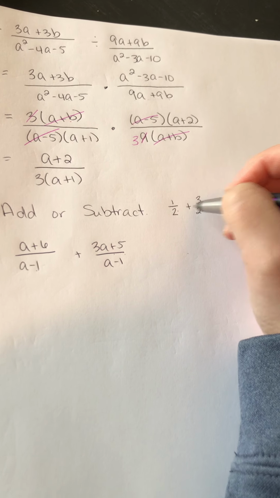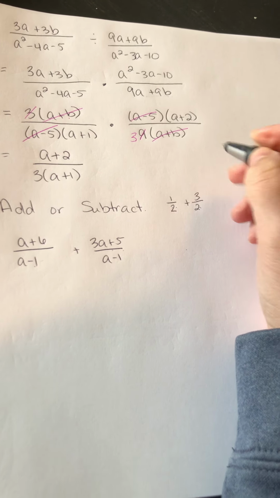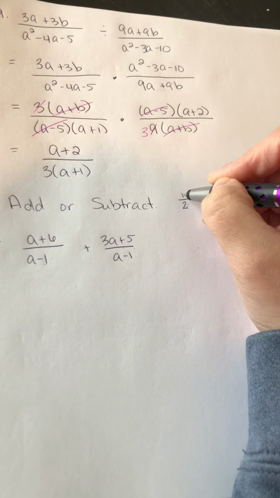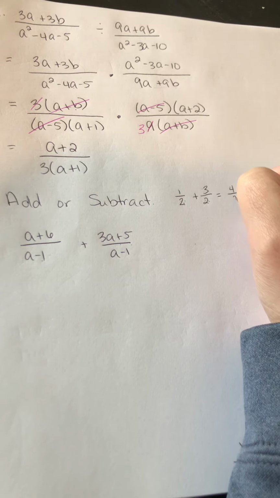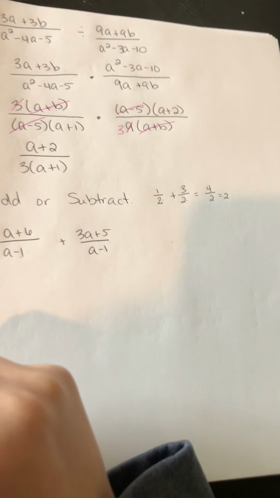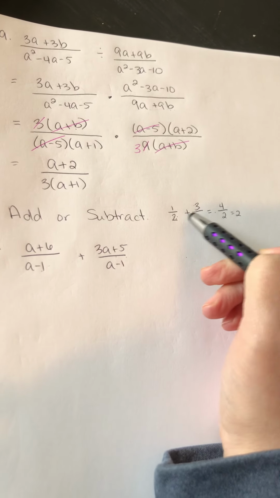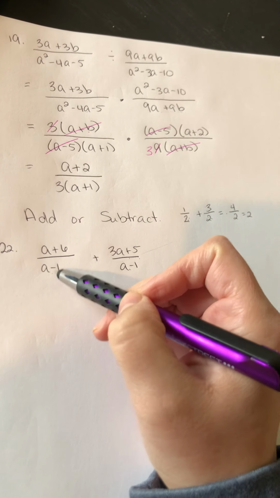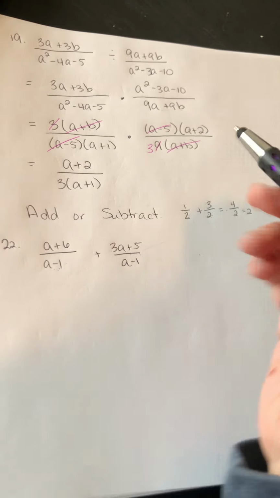So if you have a common denominator, you just add the numerators. So 1 over 2 plus 3 over 2, you get 1 plus 3 is 4 over 2, which is just 2, which is fine. Just like with numbers, if you have a common denominator, you just add the numerators and keep that denominator.